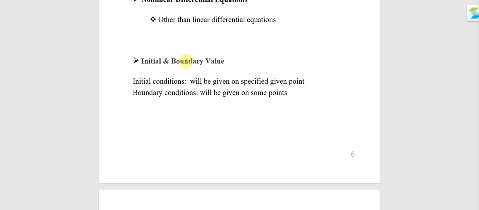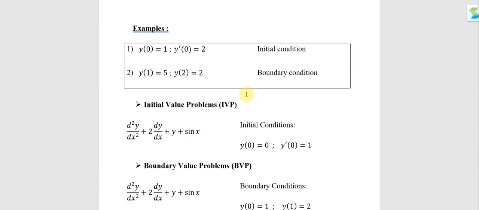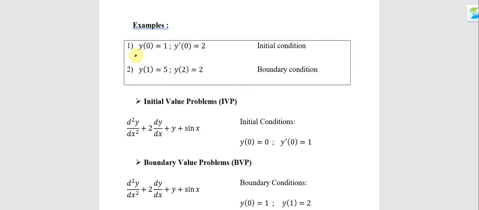So, initial and boundary values. I think this one you already know. Initial conditions will be given at a specified point. Boundary conditions will be given at some points. For example, you have y(0) equals 1, meaning that when x equals 0, y equals 1. When x equals 0, y prime equals 2. So this is initial condition. Why? Because x is at 0 for both conditions.